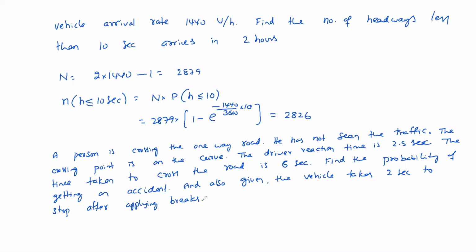So reaction time is 2.5 seconds and another 2 seconds is required to stop the vehicle. Totally 4.5 seconds is required to stop the vehicle. So he is taking 6 seconds to cross the road.